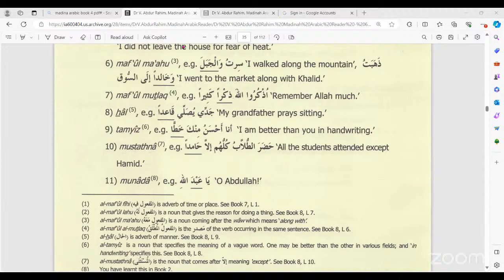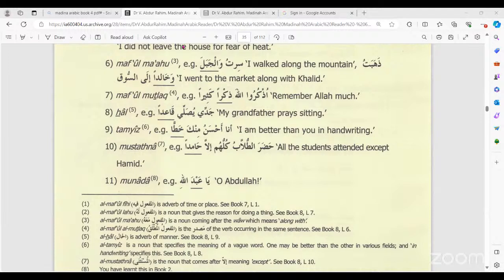It removes the ambiguity from the sentence to make it clearer for you. So ana ahsanu minka, why are you better? Khatan, in writing. So I am better than you, I'm better looking than you, I'm taller than you. This word which comes clarifies the sentence.